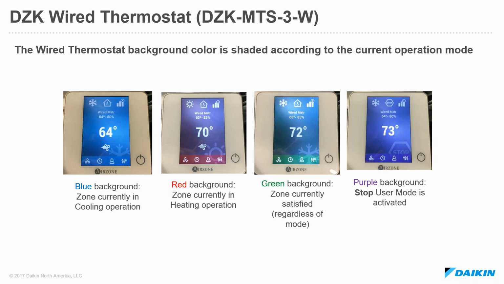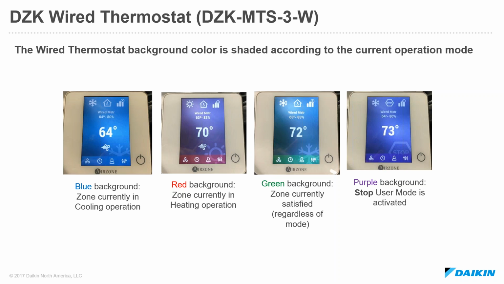So keep in mind, if you are training your service personnel or your customer service support, if the screen is red, that doesn't necessarily mean something is going wrong. That might mean that the DZK is just in heating operation.